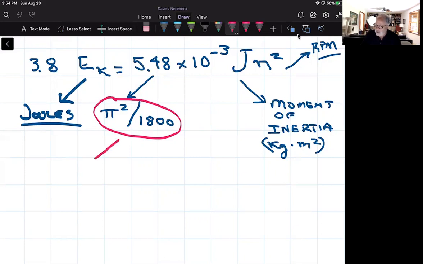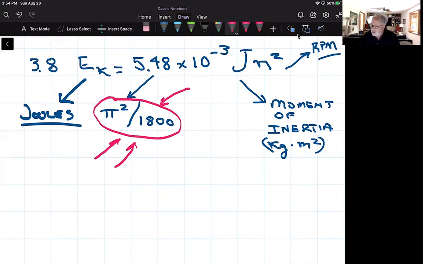We don't want to spend all our time worrying about derivations of things like this. As engineers, technologists, and technicians, we take that constant and use it in an equation like this.